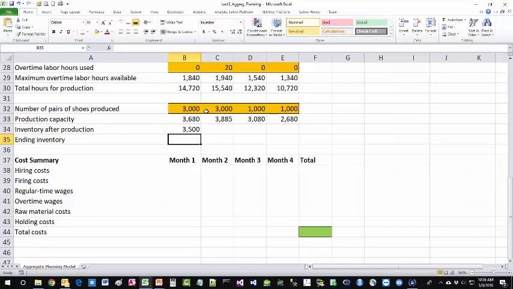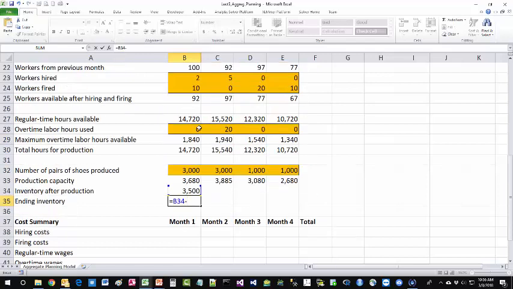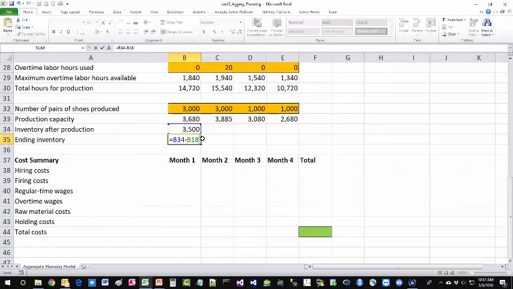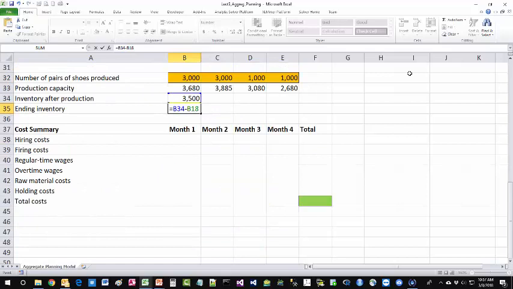So that's the inventory after production. And then ending inventory is inventory after production minus the demand. So it's split into 2 cells, the demand being here, right? So that we can then carry this ending inventory over here, right?